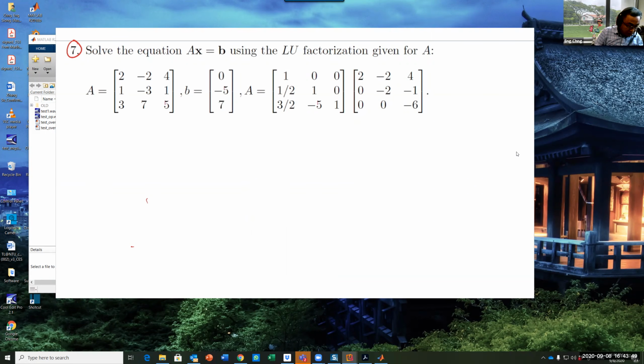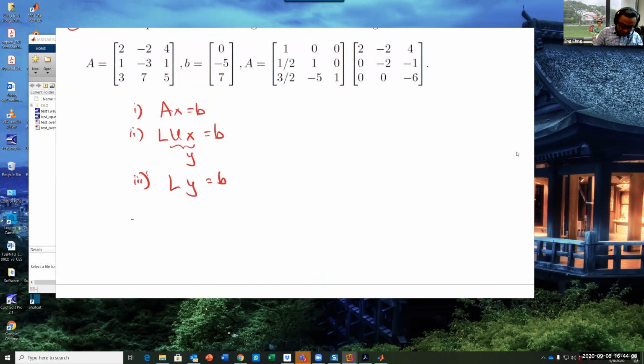Let's just name the few steps. First is AX equals B. The second step, we let LU be A. So it's LUX equals B. So nothing has changed. We let UX equals Y. The third step is LY equals B. And then the fourth step is solve for Y.